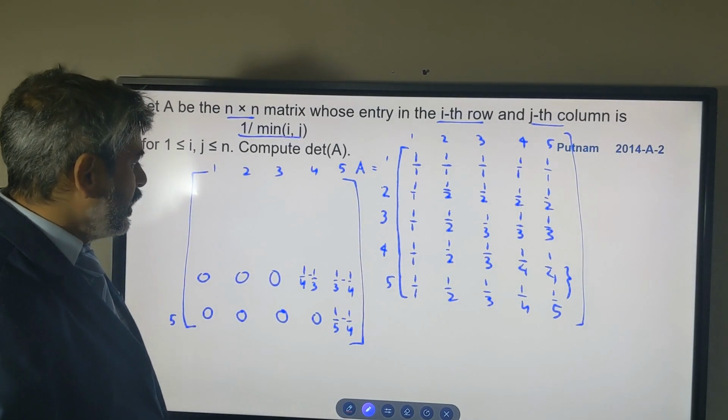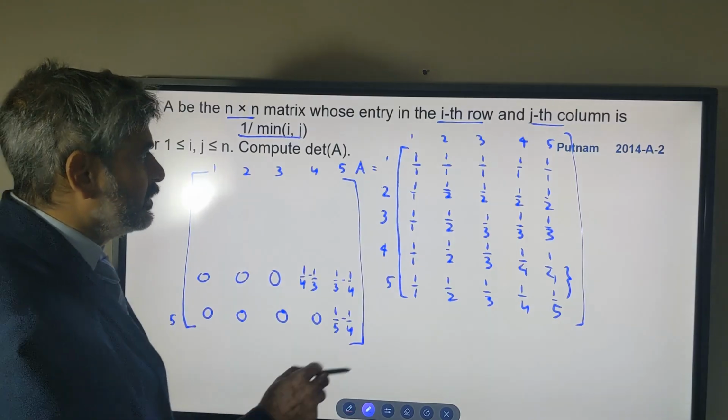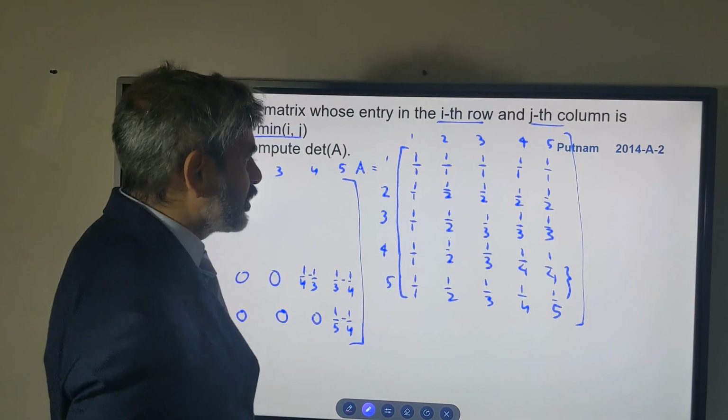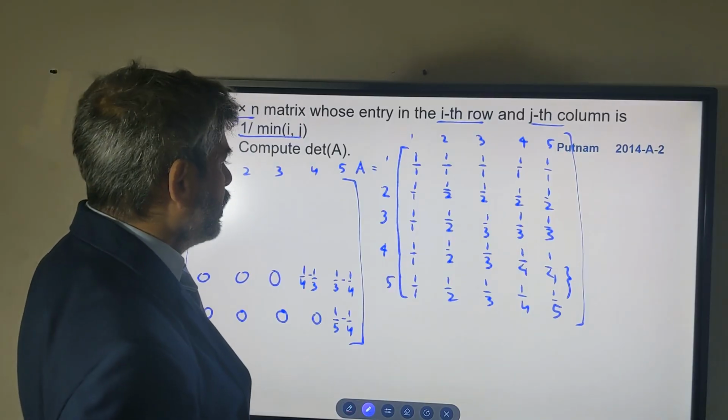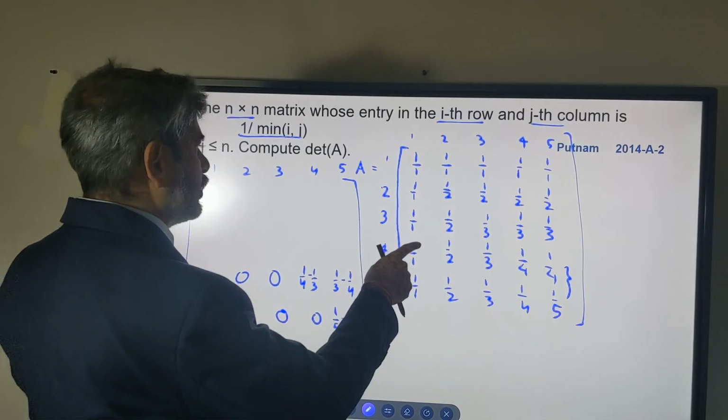And in a similar way, I can go on and write this row, let's say row number 3. From row number 3, I subtract row number 2.